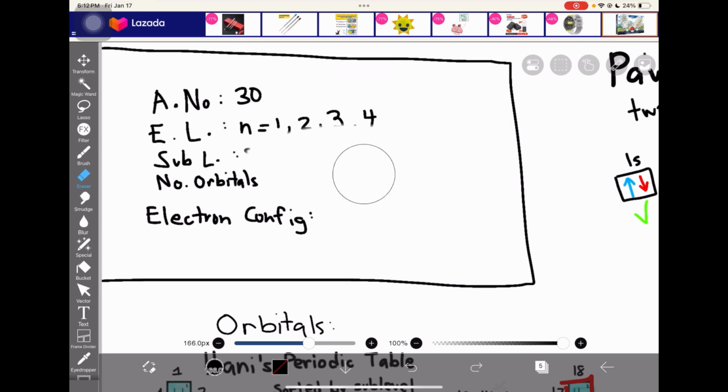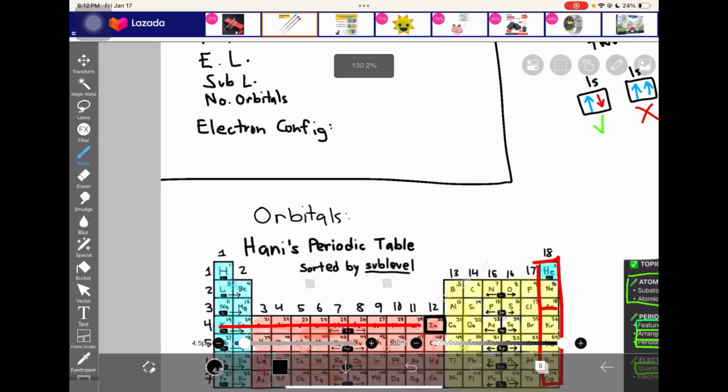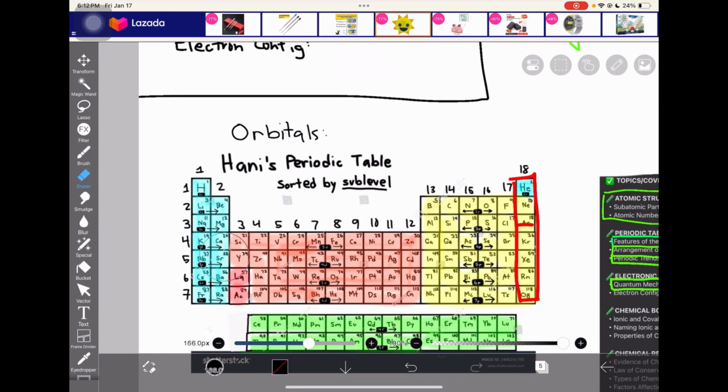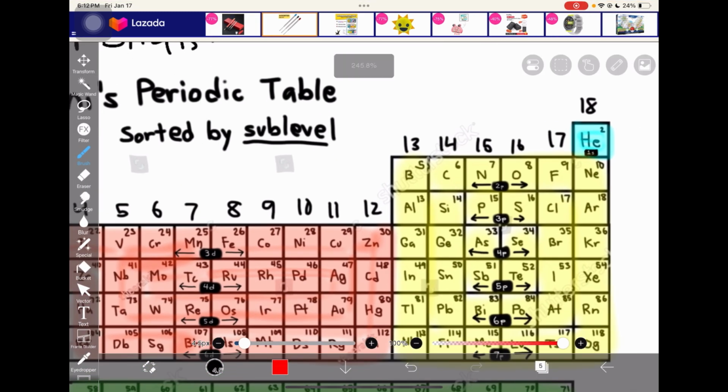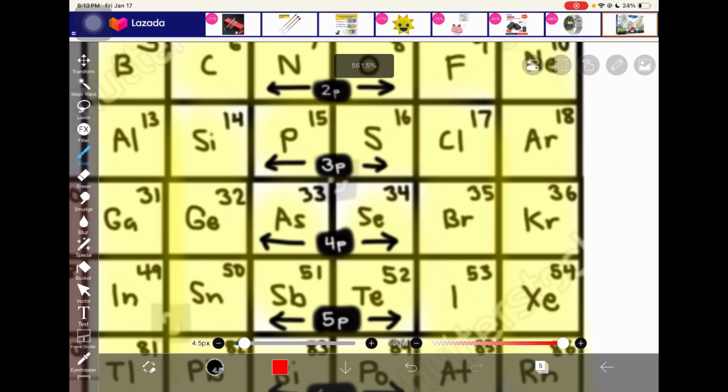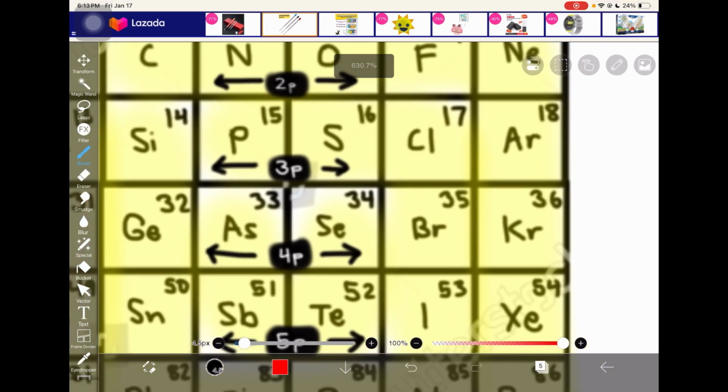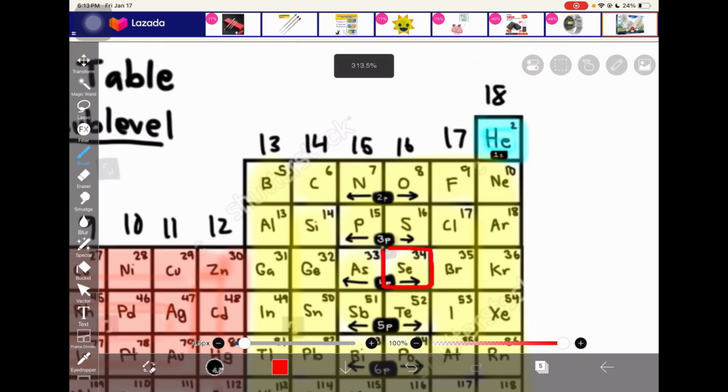Now, this is one of the topics where a lot of people really struggled, and I understand why. So, for your assignment, I want you to find the electronic configuration for selenium, simplified using the noble gases. I'll give you 10 minutes for this one, so set a timer for yourself.